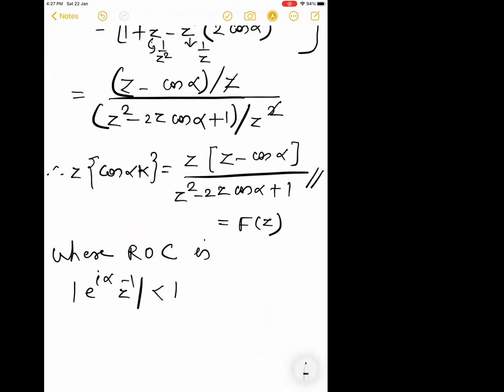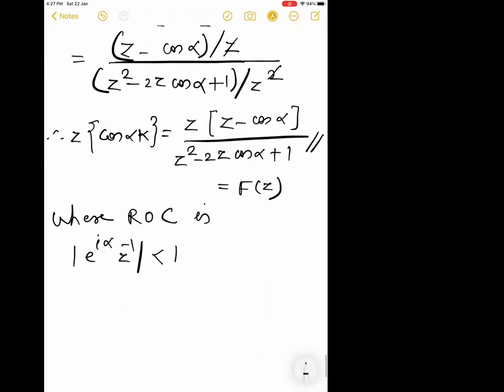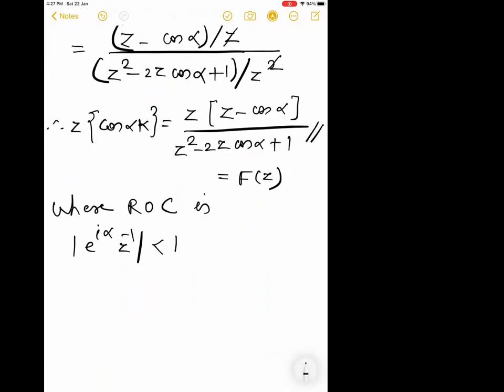So one expression we will just simplify. What happens, since e raised to i alpha is cos alpha plus i sin alpha, therefore mod of e raised to i alpha.